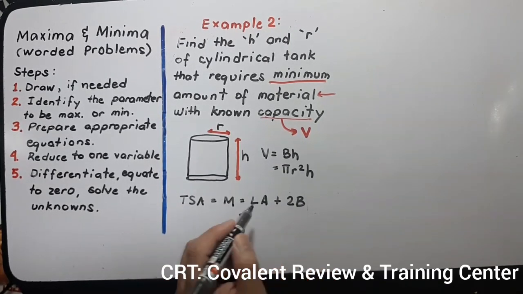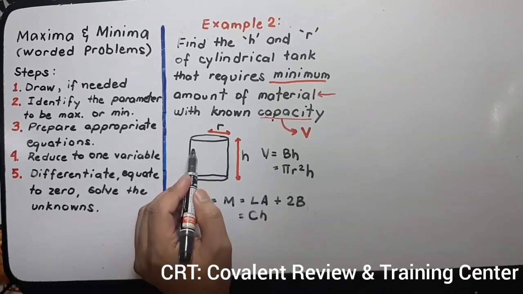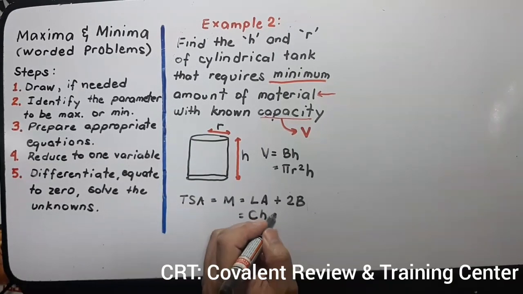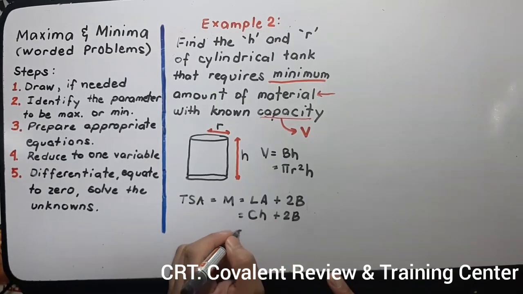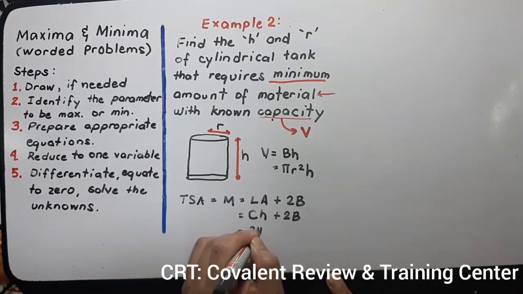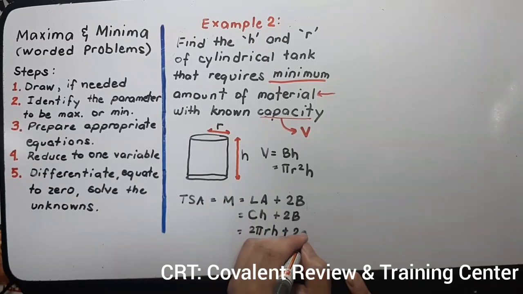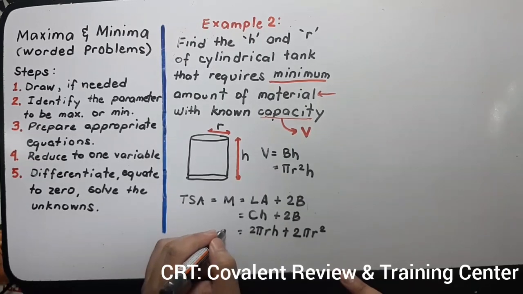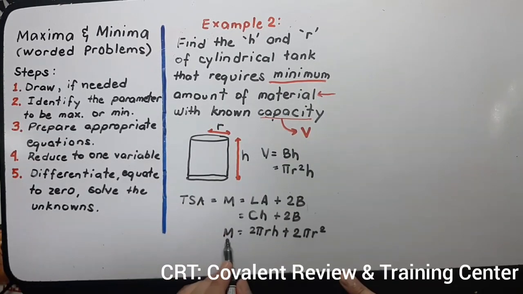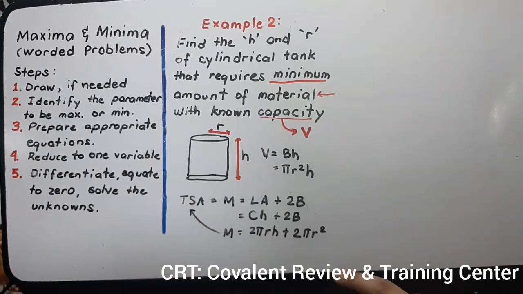Lateral area is equivalent to the circumference times height plus 2B. Circumference is equivalent to 2 pi r, then you still have h, plus 2 times the base of the cylindrical tank, pi r squared. So this is another equation for M. Again, M is the total surface area.